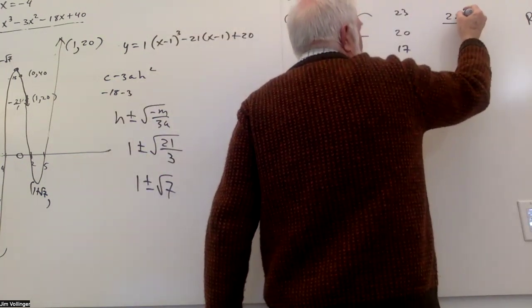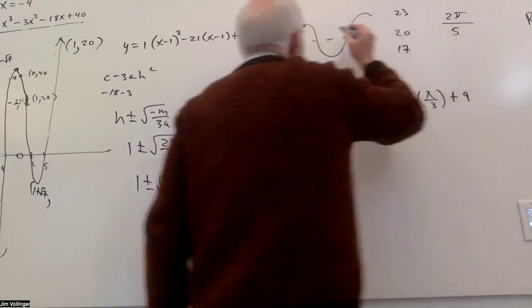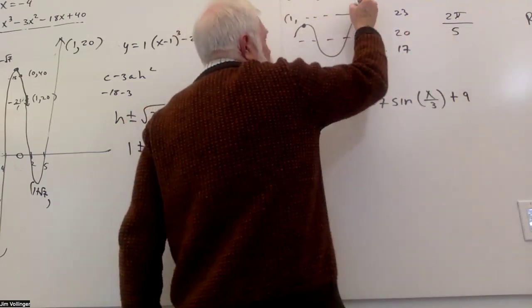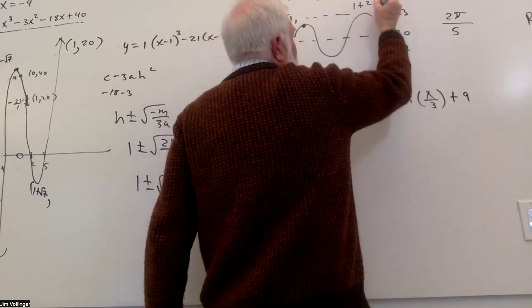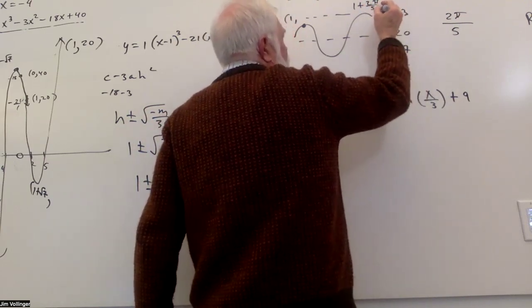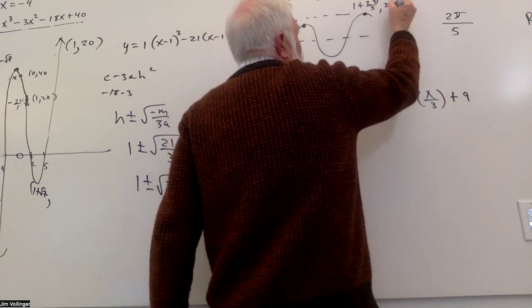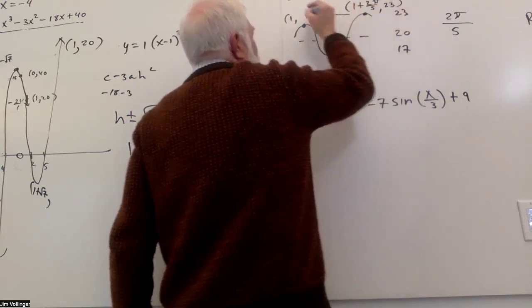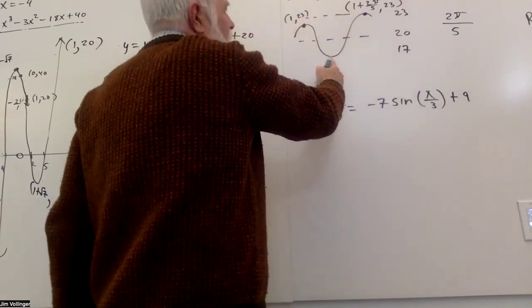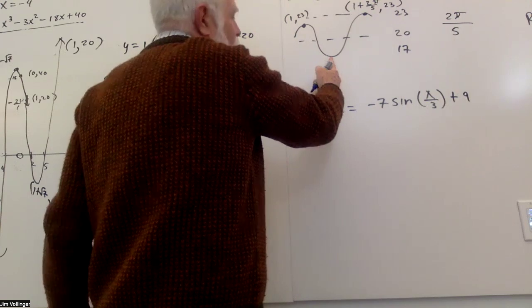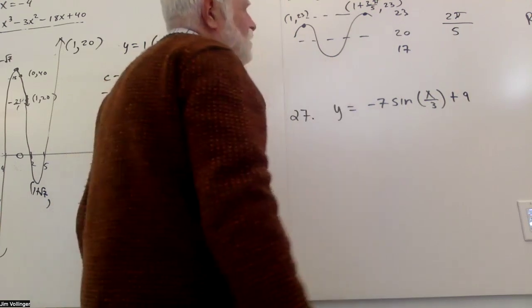If I divide 2 pi by the multiplier, I actually get the period. So this is 1 plus 2 pi over 5, and that's going to bring me back to 23. And that's going to give me all kinds of symmetric places, right? So halfway is going to be 2 pi over 10, or pi over 5, and so on and so forth.